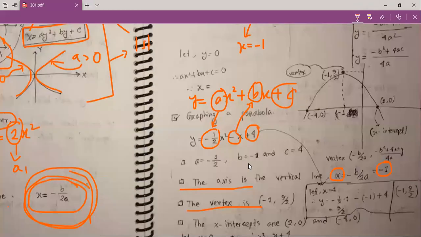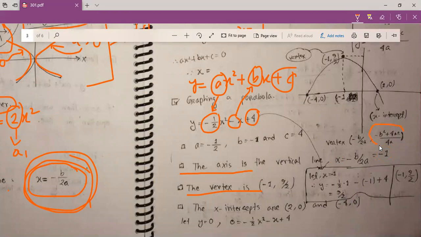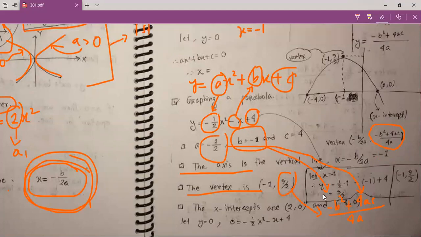For the vertex, we input this -1, and we also have a property here: the y-value of the vertex will be (-b² + 4ac) divided by 4a. You put all these values here, and then you will find the value is 9/2.